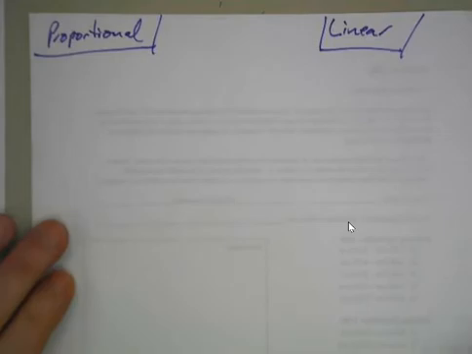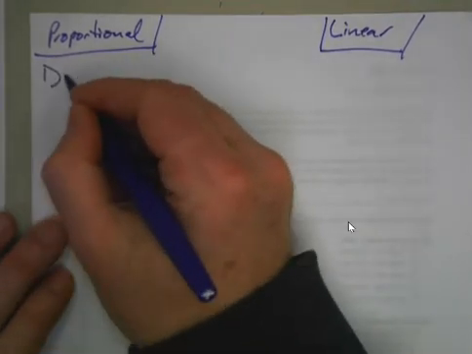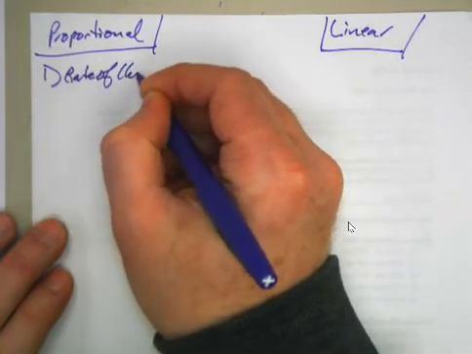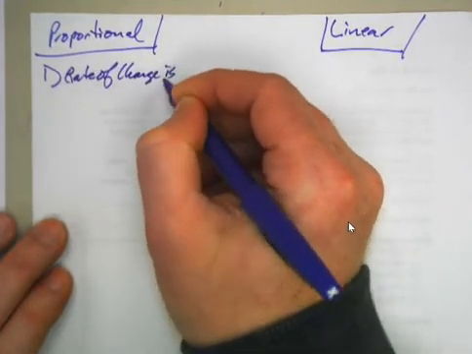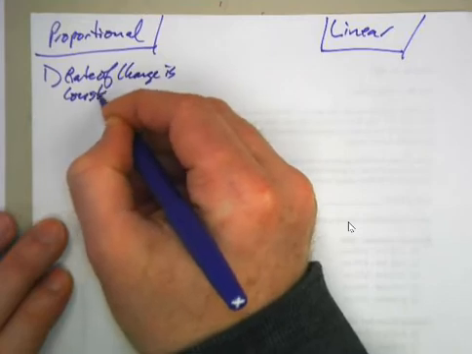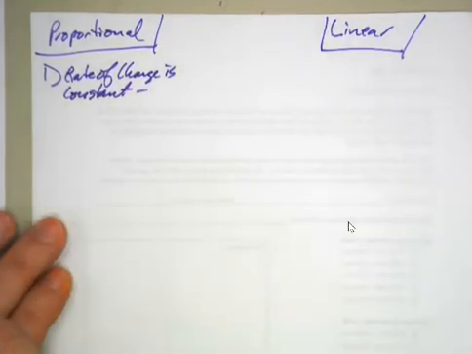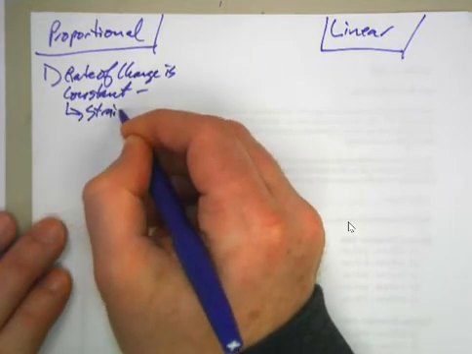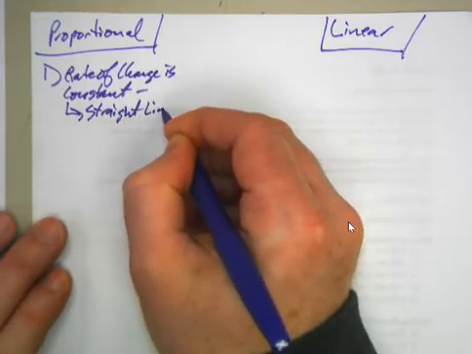So before we launch into linear relationships, I think it's important for us to review what we know about proportional relationships. Number one, the rate of change is constant. In other words, it's the same each time, meaning that you have a straight line.